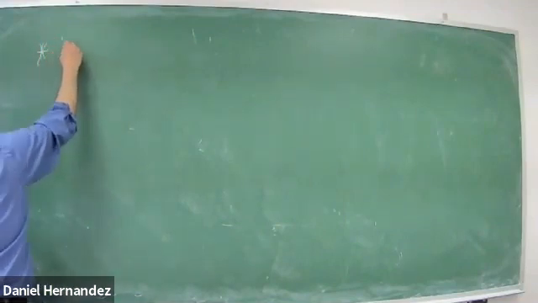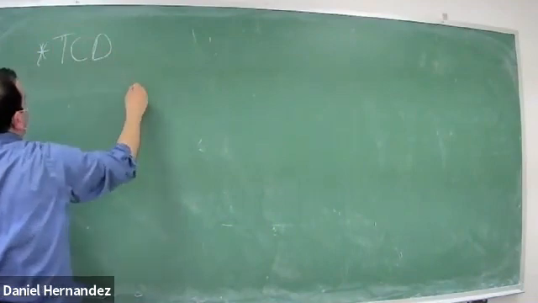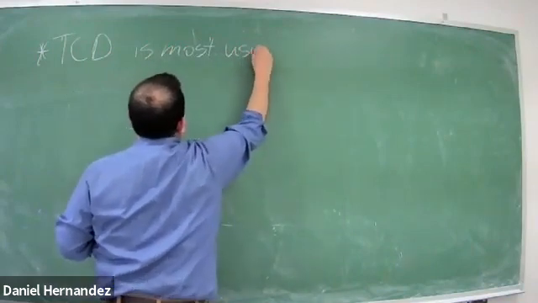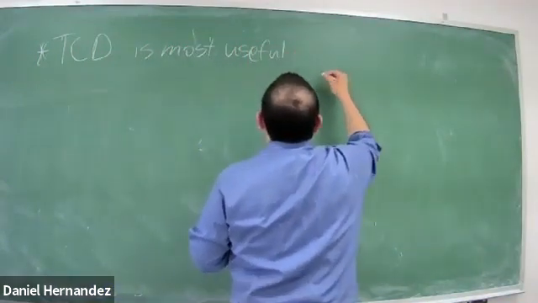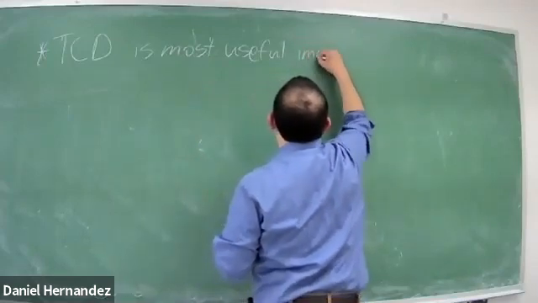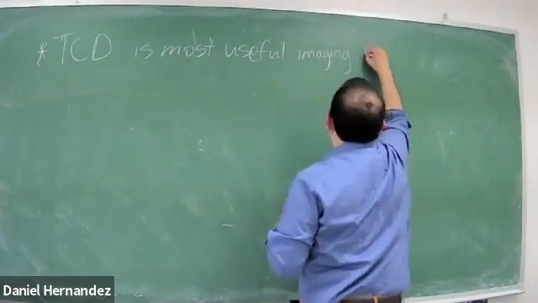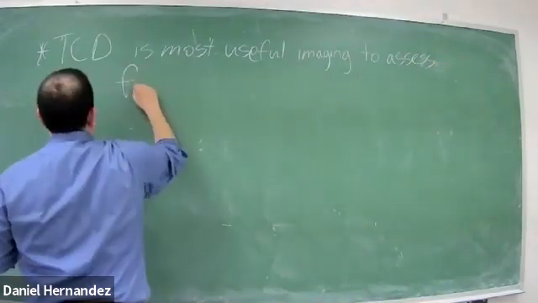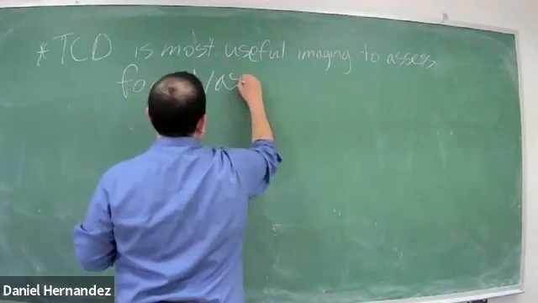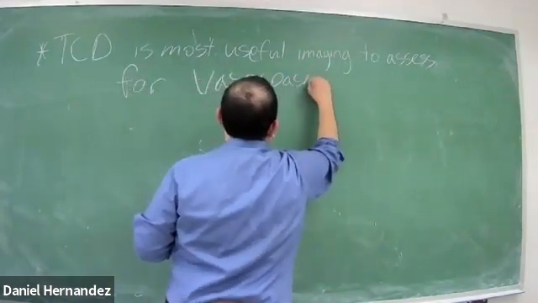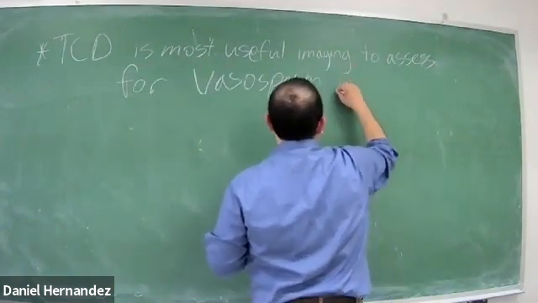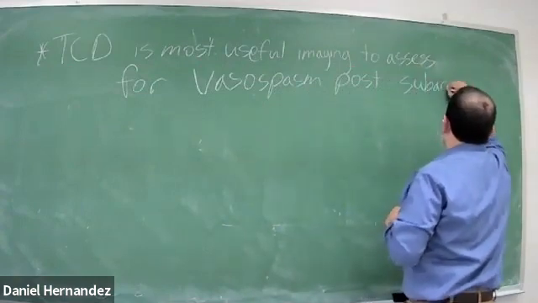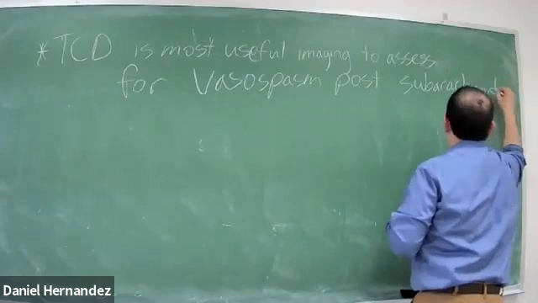TCD, our transcranial Doppler, is the most useful imaging to assess for vasospasm post subarachnoid hemorrhage.